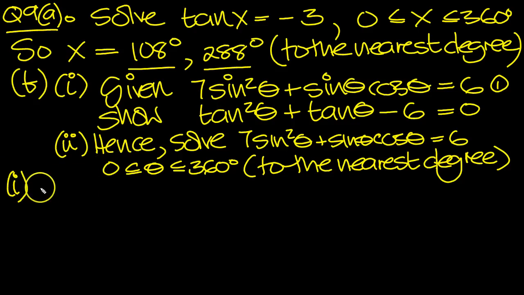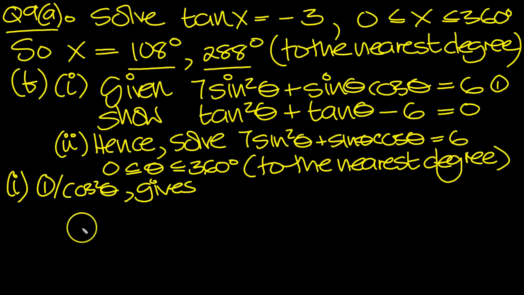Let's divide equation 1, which I've labelled, by cosine squared theta. That gives sine squared over cosine squared, which will be 7 tan squared theta. Sine over cosine, divided by cosine squared, we get a tan.